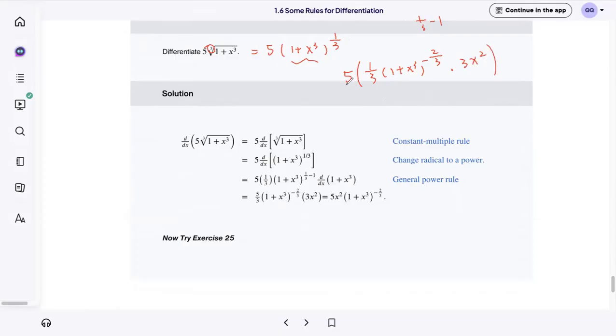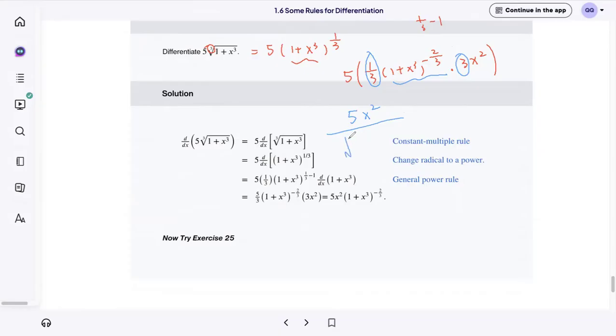Then what do I do? I have 1/3 here, multiply by 3, that becomes 1. Then I still have the 5. Then I have x squared in the numerator. The negative exponent means that term goes down to the denominator.